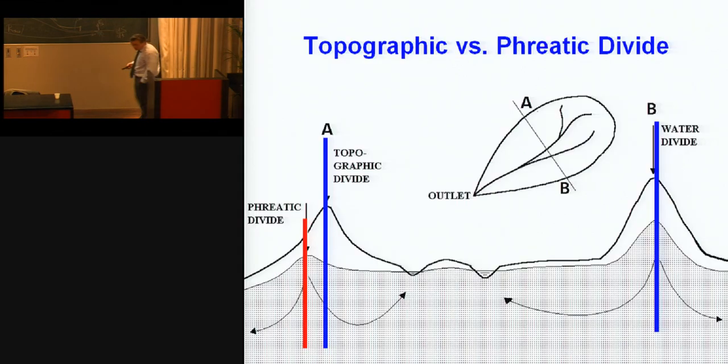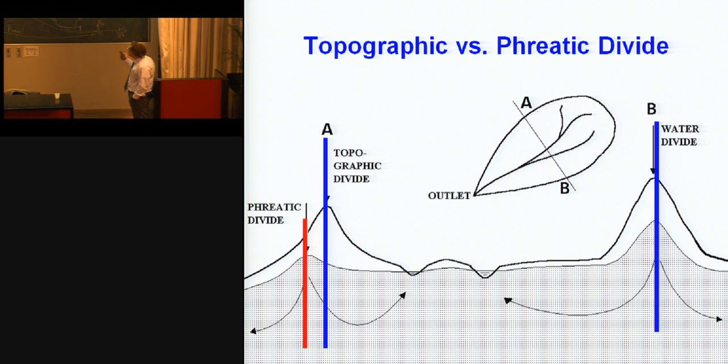Sometimes the surface catchment does not agree with the subsurface catchment. This is what we try to explain with this figure. I hope you can see that. This is the catchment, very simplified, and the topographic divide is the blue line. From here into these rivers here and up to this mountain. From A to B, you see this profile.